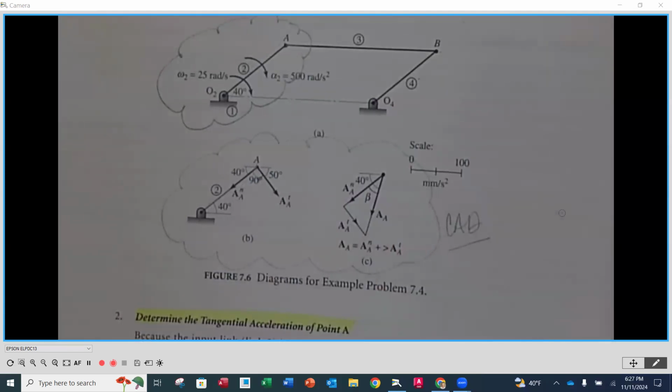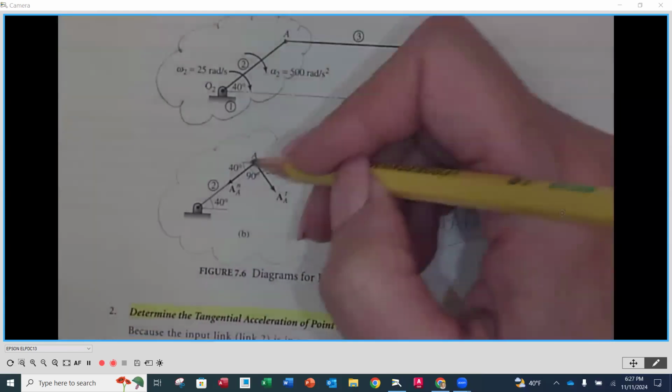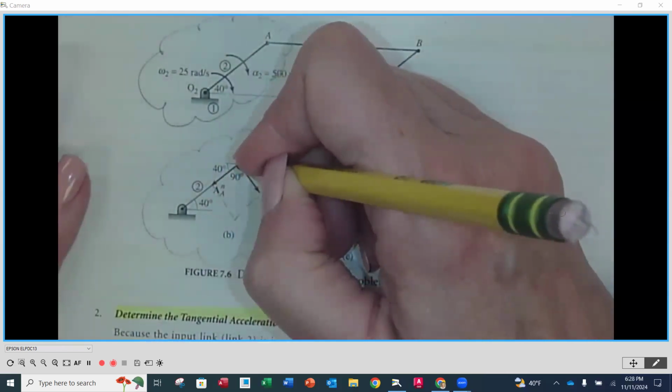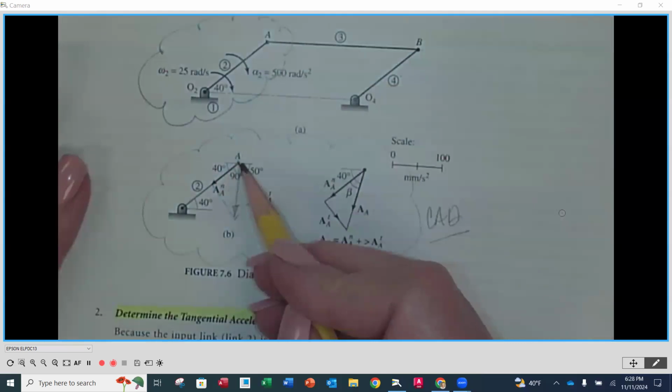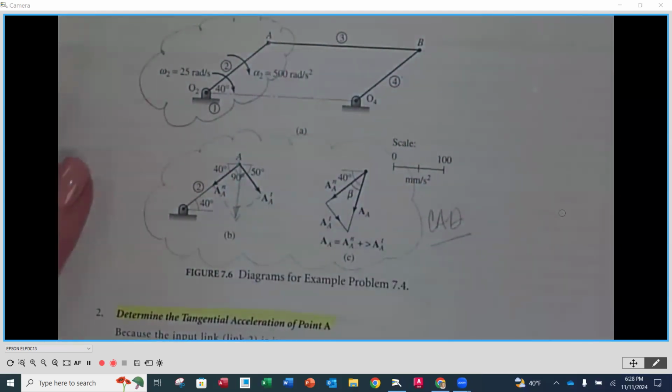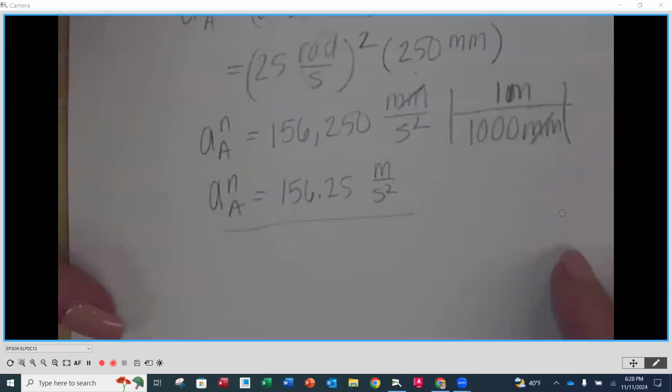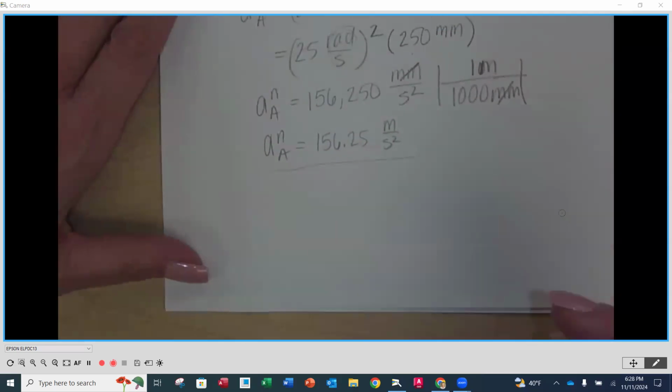Now, total acceleration, because we have two components of acceleration here that are 90 degrees to each other, is going to be the resultant of those two. So now we're going to use the Pythagorean theorem's version of acceleration using those two components.